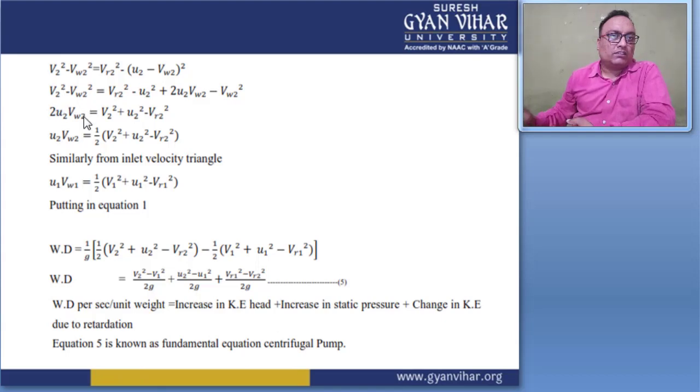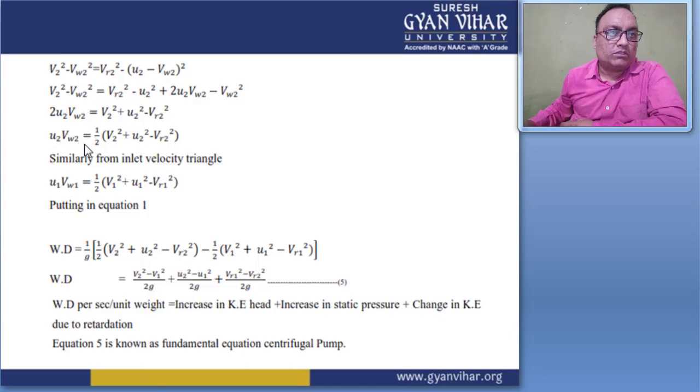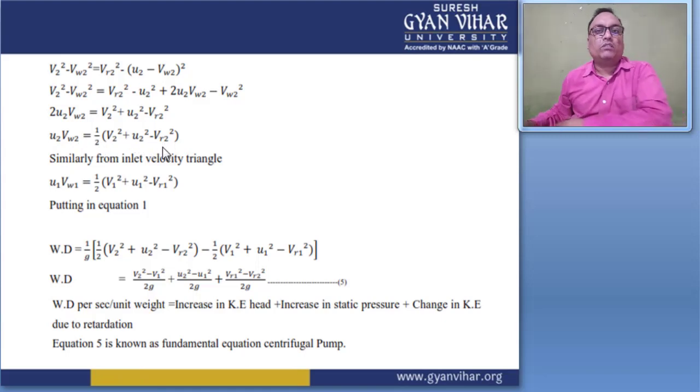So the only remaining term gives 2 U2 Vw2 equal to V2 square plus U2 square minus Vr2 square, and so U2 Vw2 equals 1 by 2 (V2 square plus U2 square minus Vr2 square). Similarly, from the inlet velocity triangle, U1 Vw1 equals half (V1 square plus U1 square minus Vr1 square). Putting this in equation 1, the work done equals 1 by g.